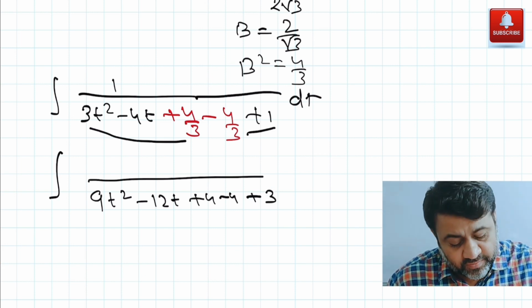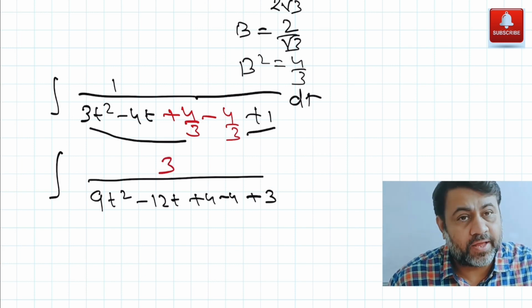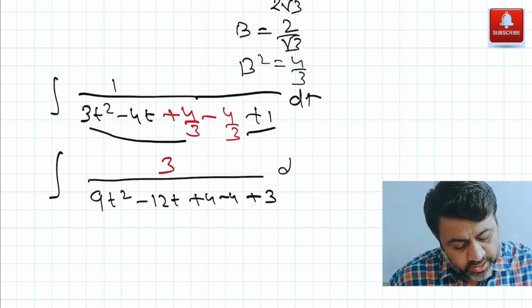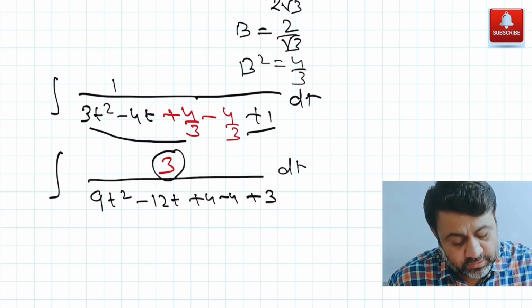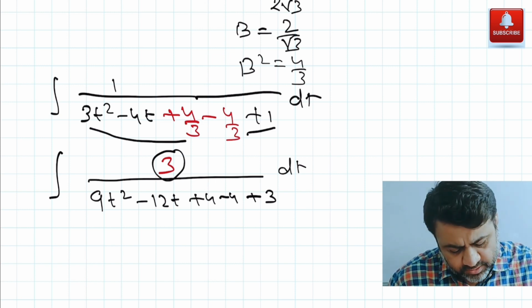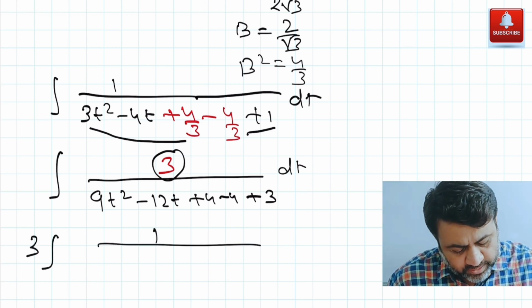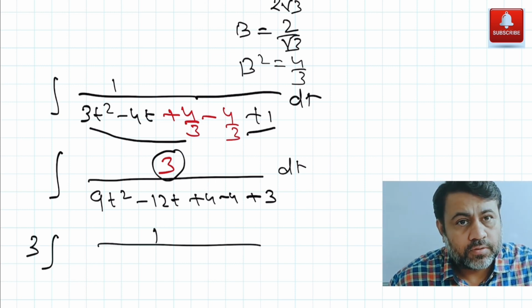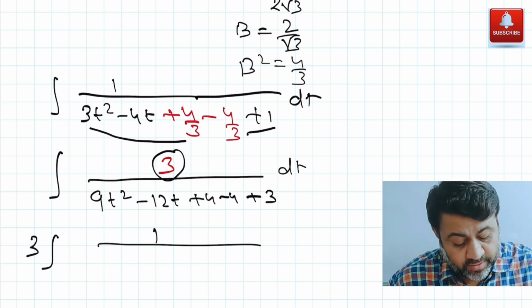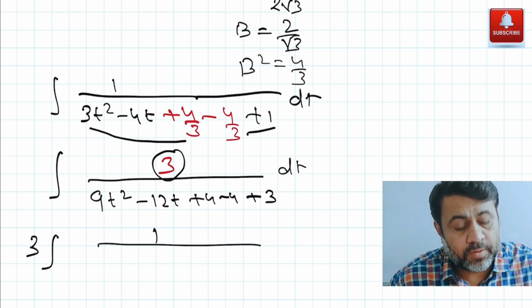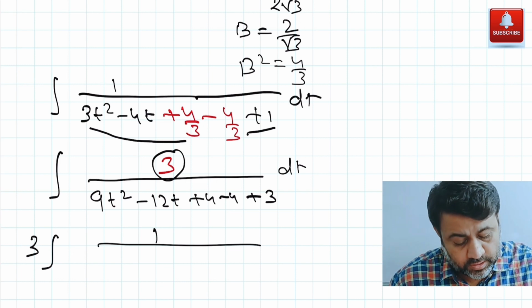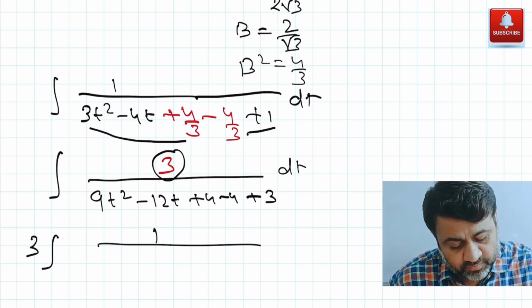So everything is divided by 3, that I am writing in the numerator. Now what I do next, I just take first of all this 3 outside the integration sign. It's a constant, we can keep 3 outside. Now we have to make it a variable plus constant, or minus constant. Observe this.